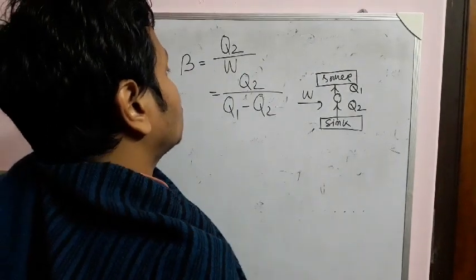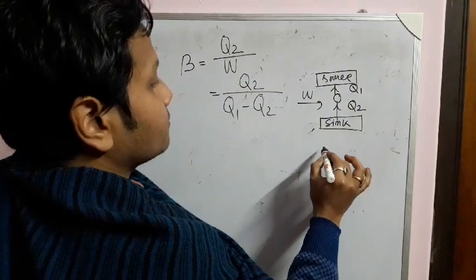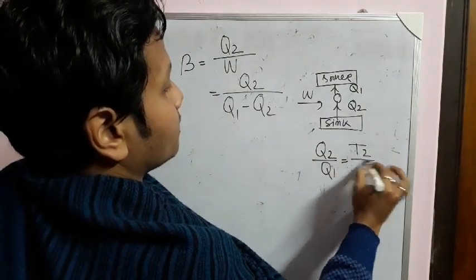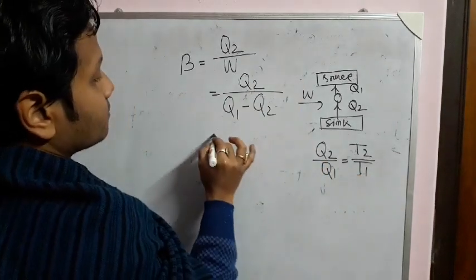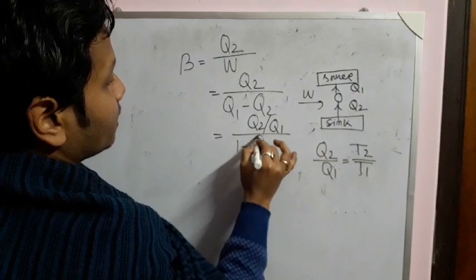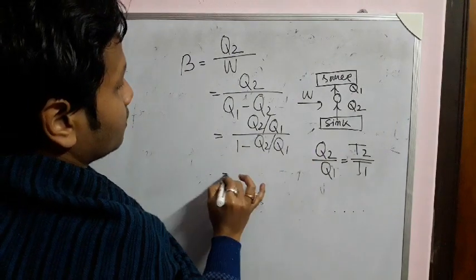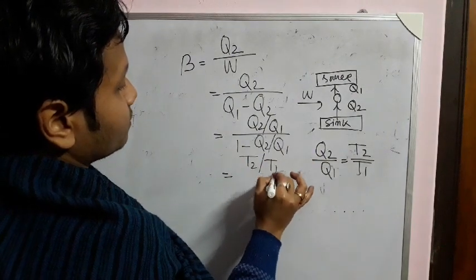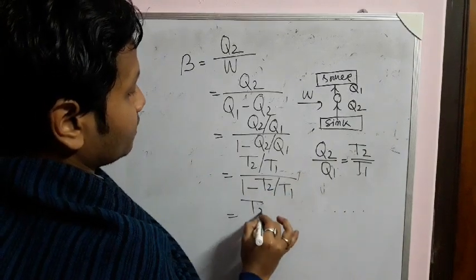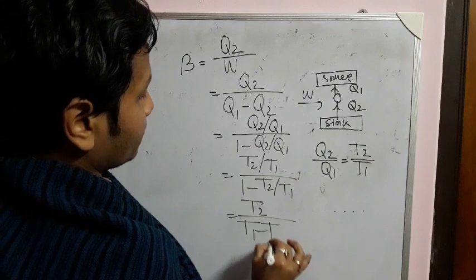For a reversible Carnot engine, we all know Q2 by Q1 equals T2 by T1. So if we divide by Q1, what we get is 1 minus Q2 by Q1, which is 1 minus T2 by T1. So this is simply T2 by T1 minus T2.